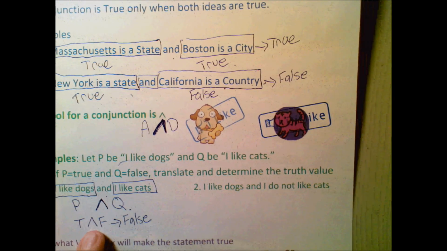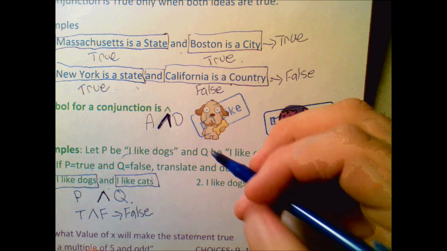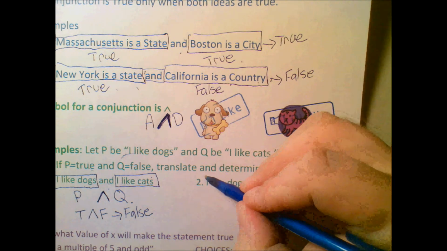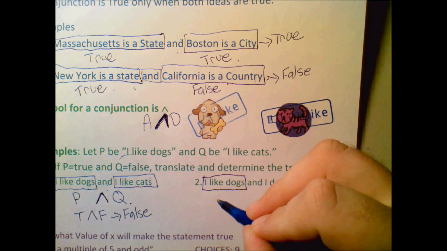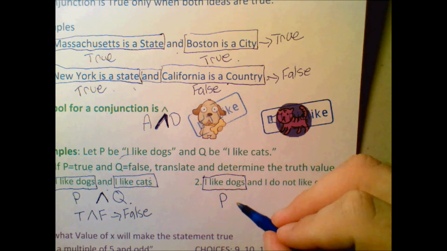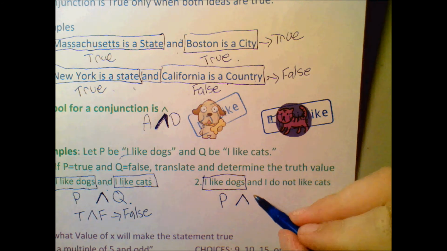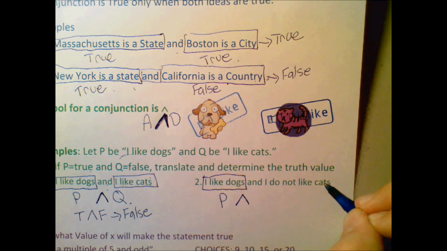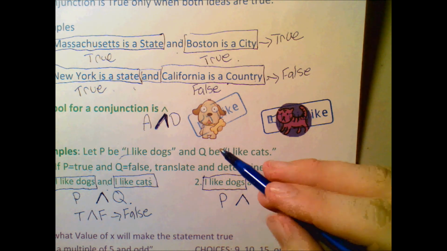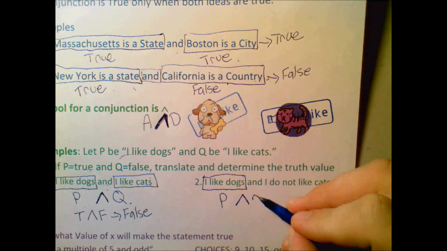Let's take a look at the second one. I like dogs and I do not like cats. I like dogs is P, so we're going to put a P underneath. The word and is this symbol, and I do not like cats means that we have the negation of Q. And the symbol for negation is the squiggly.